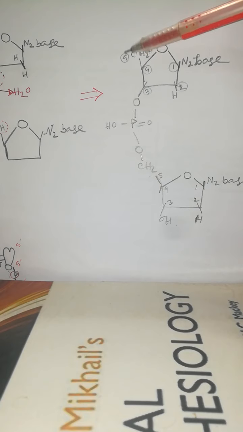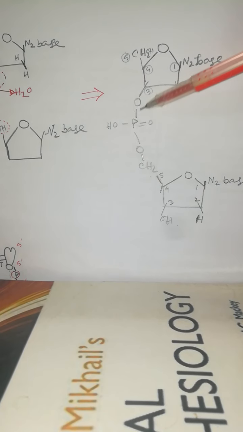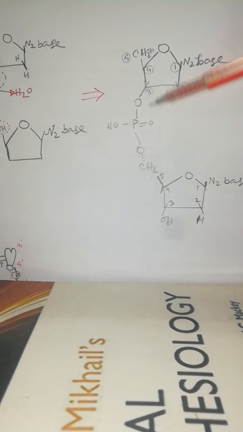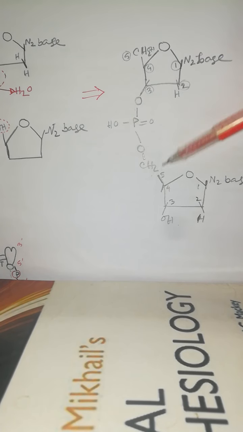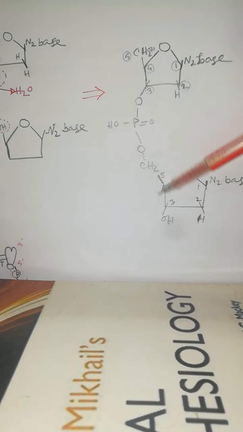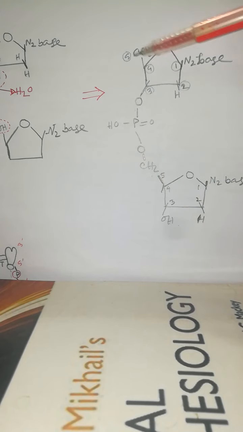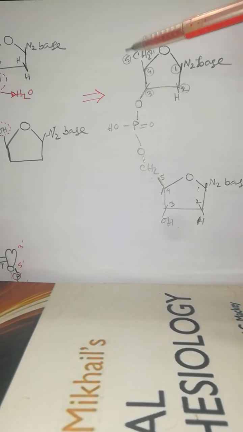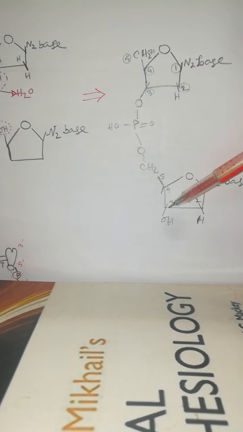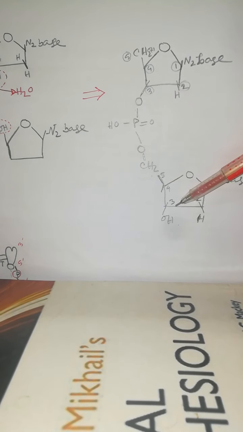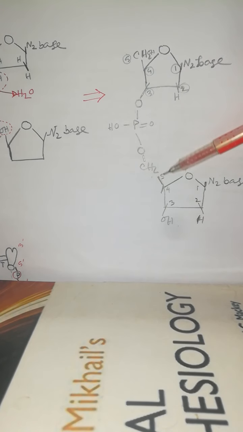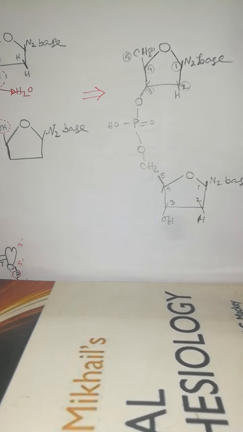Phosphodiester is formed between the third and fifth carbon, but polymerization occurs in the 5 to 3 direction. So polymerization occurs from the fifth to the third carbon, but the reaction occurs from the third to the fifth carbon. I think you are clear about this.